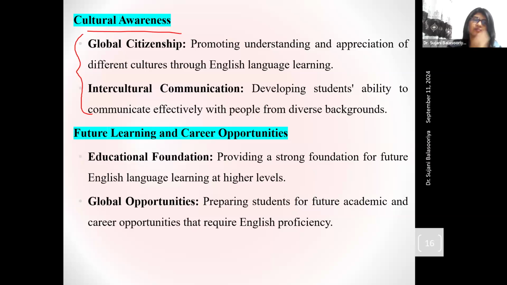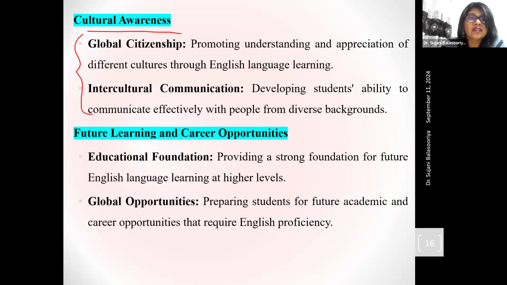Okay. Right. So what do you understand by global citizenship and intercultural communication? Talking about cultural awareness, global citizenship: promoting understanding and appreciation of different cultures through English language learning. Right?